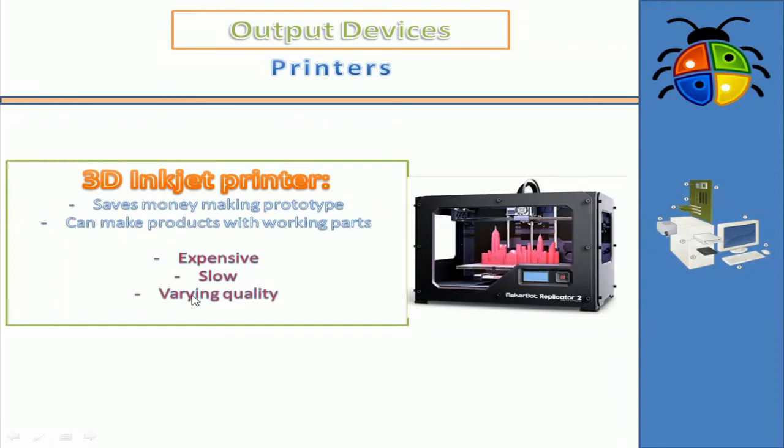And as I was saying, the quality varies. So the more you spend on your 3D printer, maybe the better your prototype, your object, is going to be when you finish, or the more possibilities there are with your object. This is a whole area in itself that you maybe need to go and look into and explore and read up on news stories, because it's quite a cutting edge area.